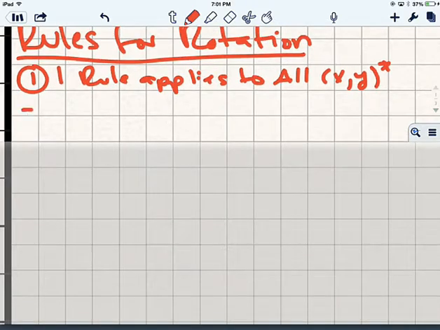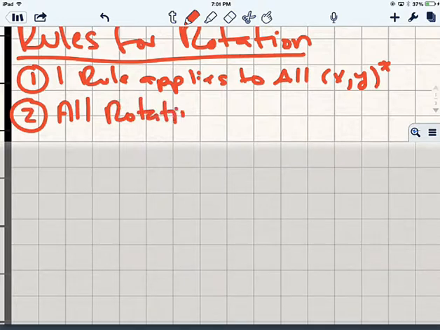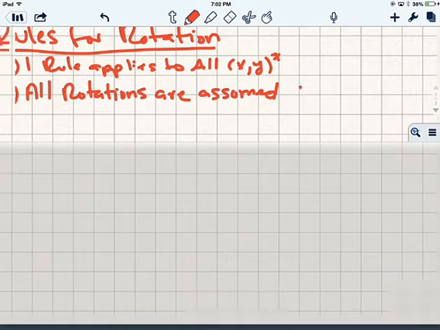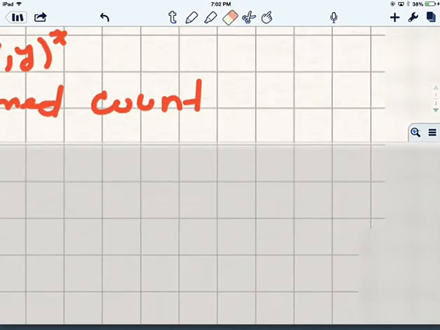That's rule one. Rule number two is that all rotations are assumed counterclockwise.